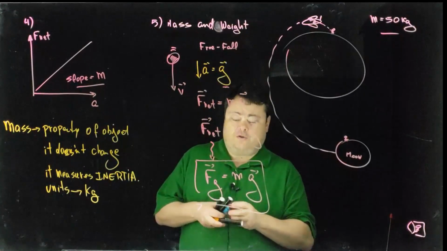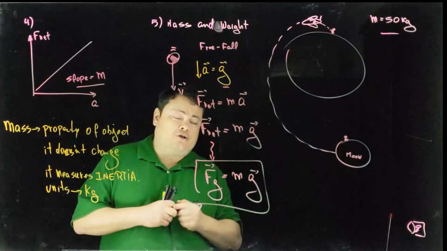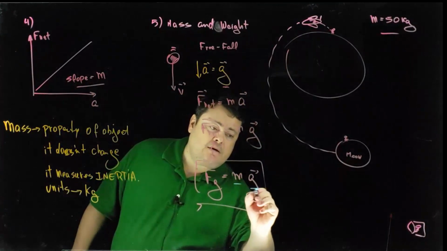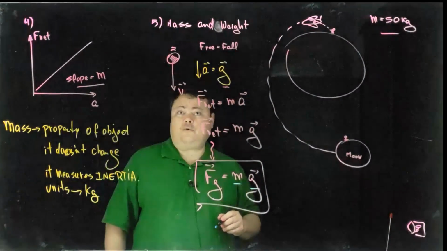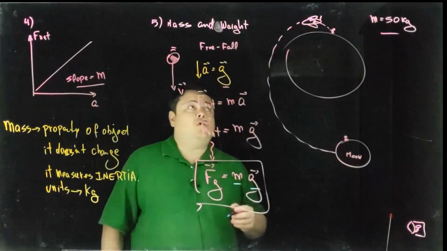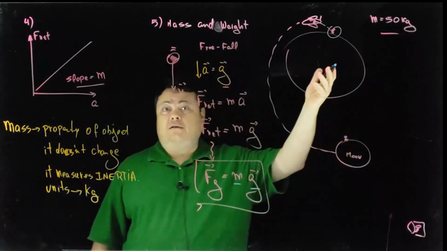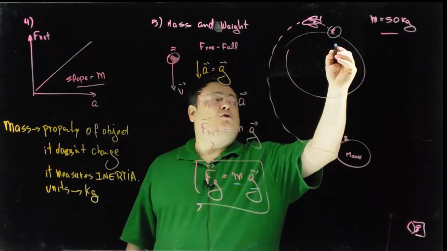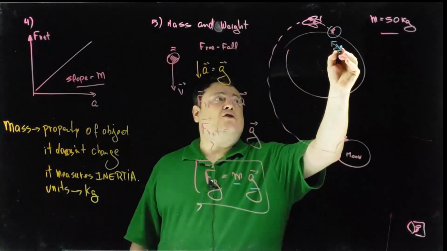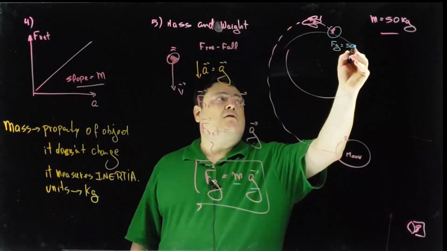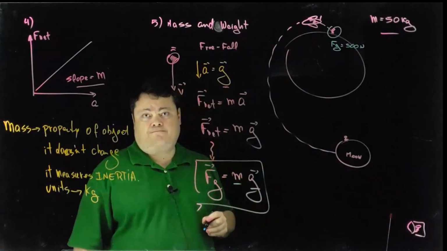Now, force, on the other hand, is the interaction between your mass and the gravitational field of the place you are. So, for example, on the surface of the Earth, where gravity, I'm going to round up to 10 meters per second squared, Johnny's weight or gravitational force would be 500 newtons.